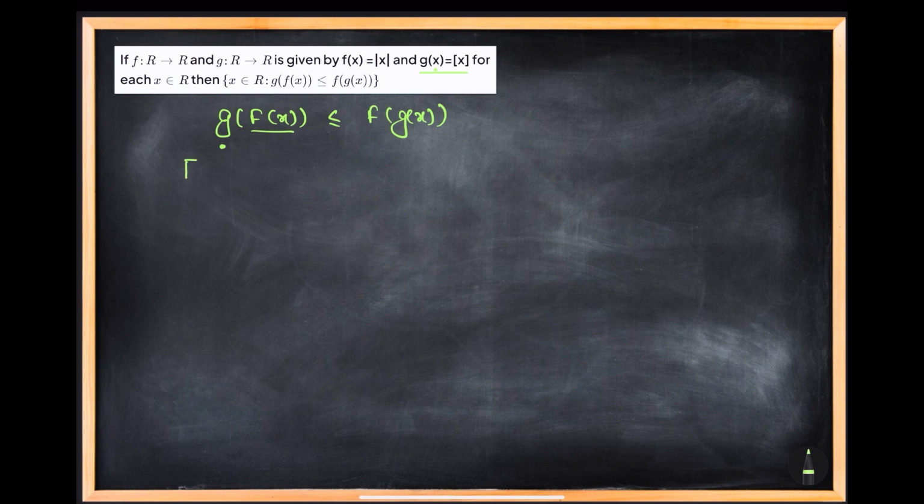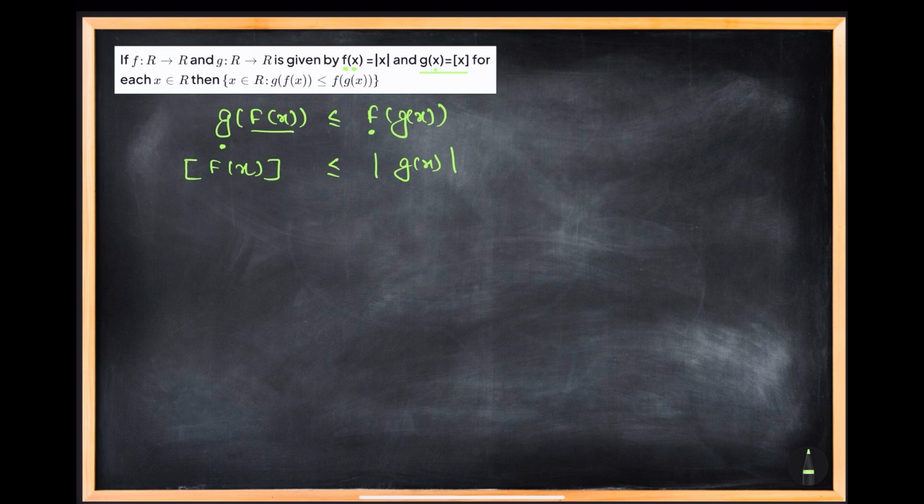So it is box f of x less than equal to, in the function f, in place of x you have to put g of x. So it is mod g of x. I hope till this part you guys are okay.